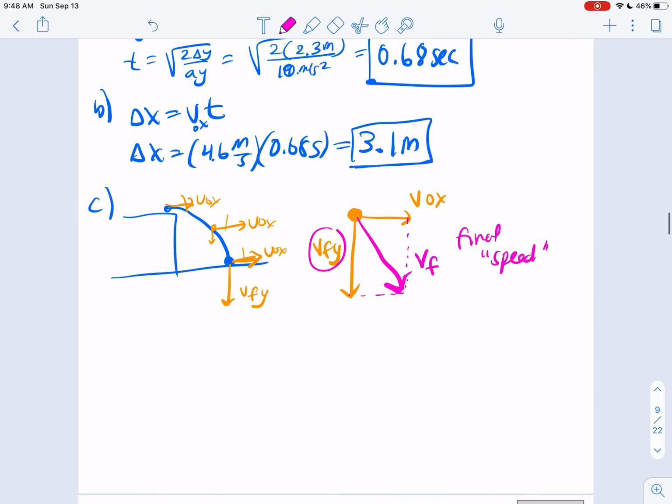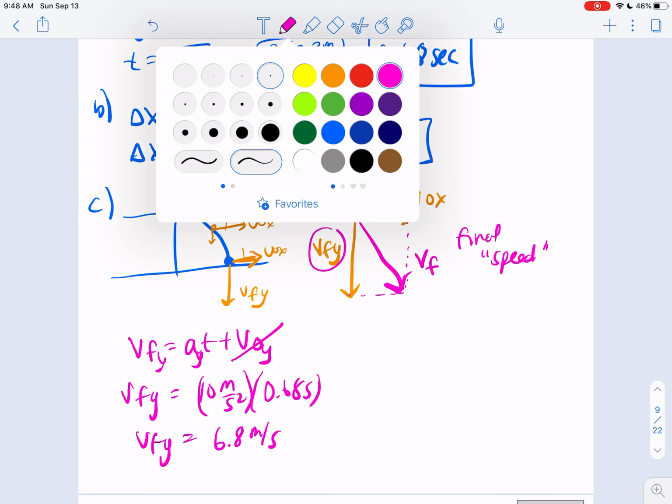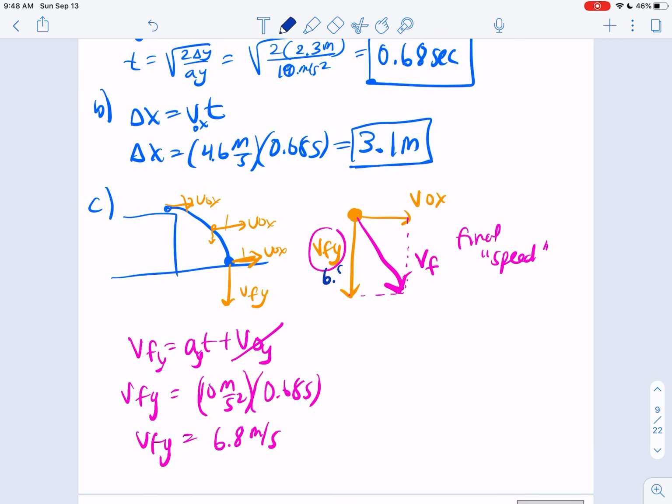All right, so if I just look at his y direction, I can do vf equals at plus v naught, and these are all the y's. Okay, that was 0. So v final y is going to be 10 meters per second squared, and he was in the air for 0.68 seconds. Okay, so he's going 6.8 meters per second. Okay, so this is 6.8.